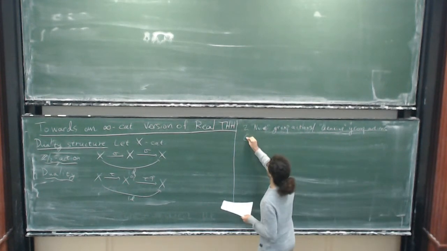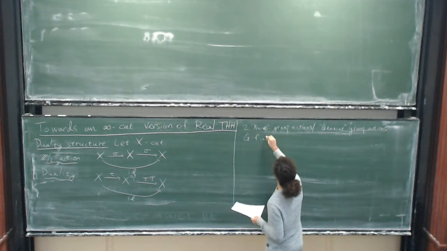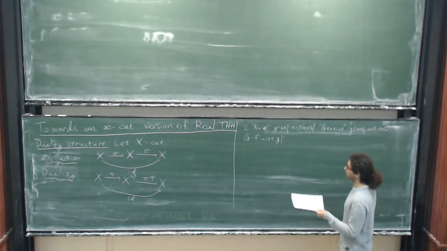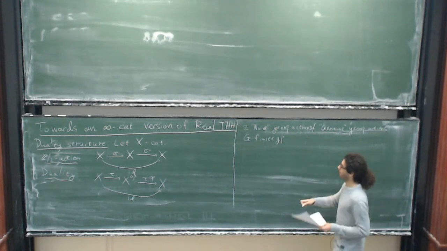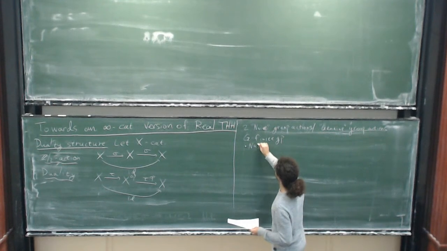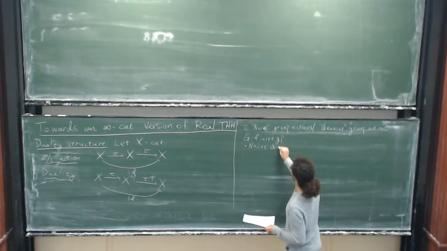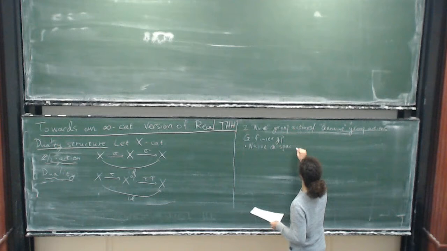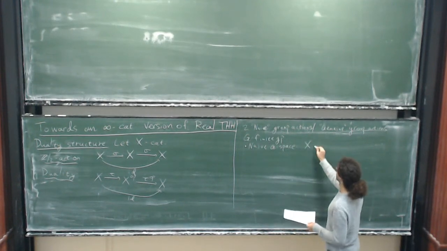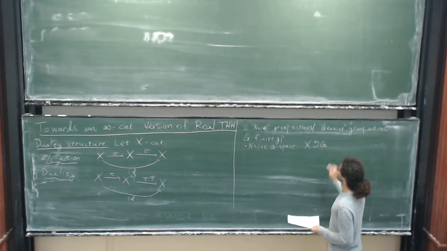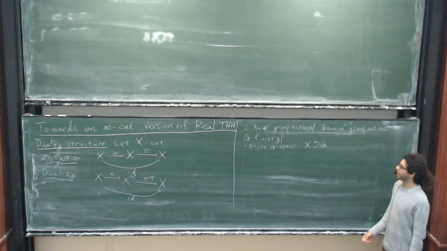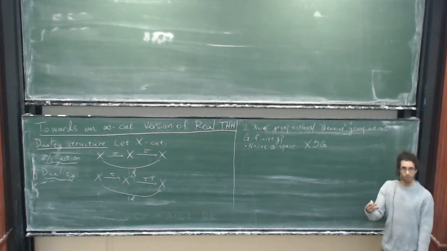So let's say that G is a finite group. Okay. So what is a naive G space? So it's just a space X with an action of G, and we consider X up to weak homotopy equivalence.